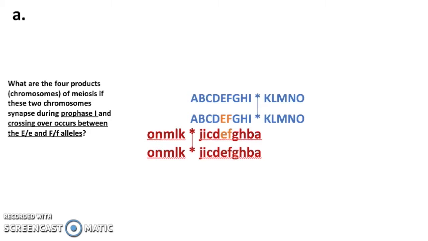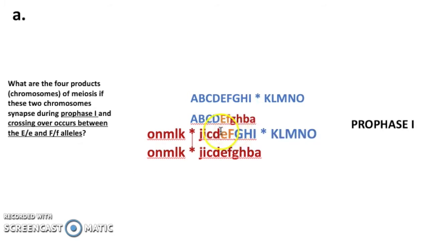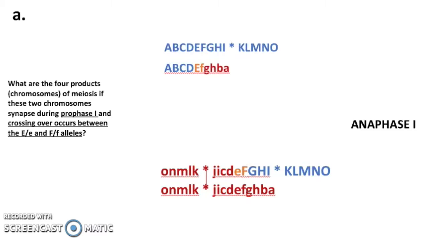Okay, so now that the paternal and the maternal chromosomes are more closely aligned, we're going to have the crossing over take place. So again, this is during prophase 1, and this genetic material is going to get swapped. So some of the maternal genetic material went over to this sister chromatid, and then the material from the paternal one went over to the maternal here. So once crossing over has completed and we move past prophase to metaphase and then to anaphase, our homologous chromosomes get split apart, and so the paternal one will go into one cell and the maternal will go to another.